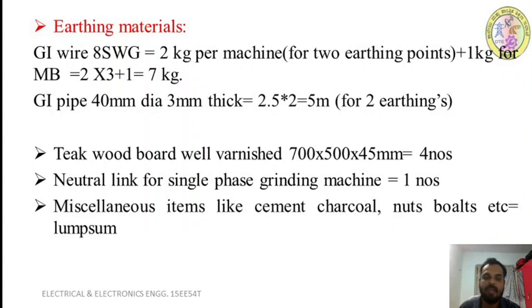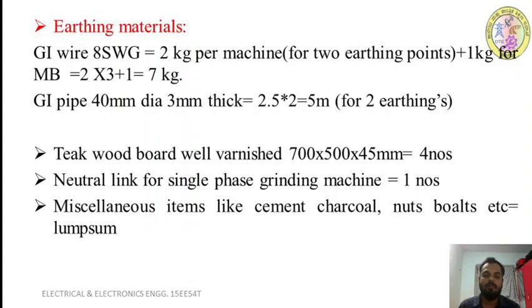We are using GI pipe of 40 mm dia, 3 mm thickness. For one earthing point we use 2.5 meter, and in our layout diagram we have made 2 earthing points, so 2.5 into 2 is equal to 5 meter for the 2 earthings.